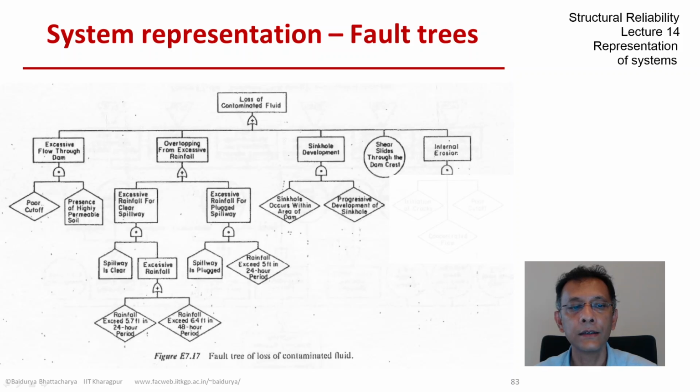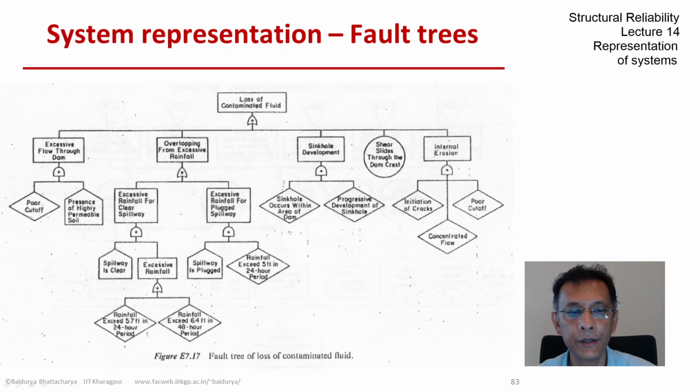The shear slide, the 4th failure mode, has no further development at all, so it's an elemental failure. And then the final failure mode is internal erosion, and that has 3 events going through an AND gate. But each of them has no further development that is necessary.